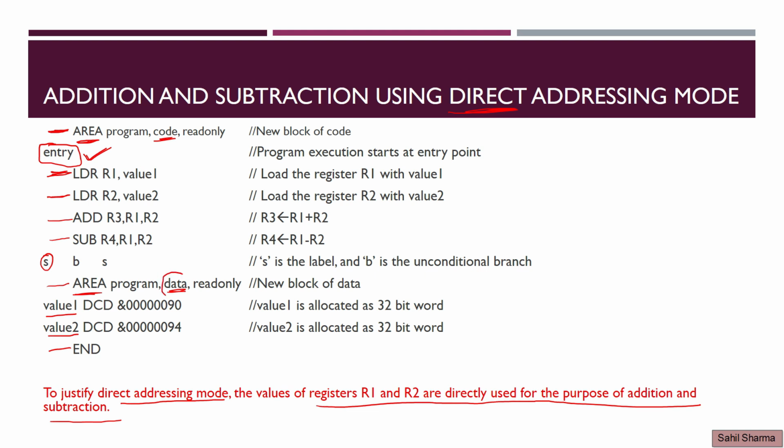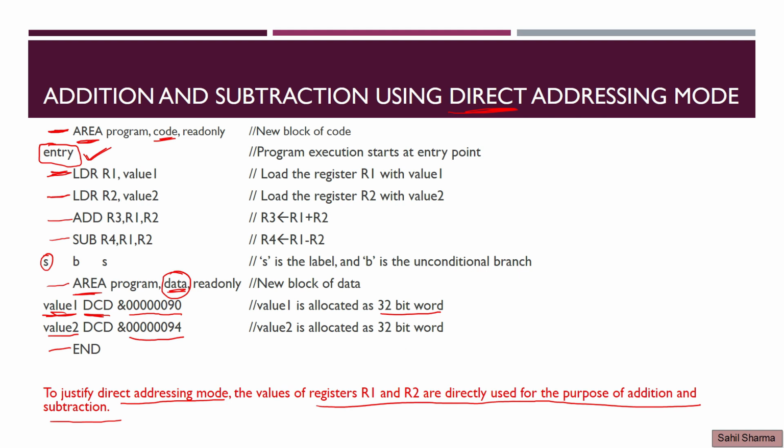In the data section, there are two values. Value 1 is a DCD value. So DCD allocates us 32 bits of word. So this is a 32-bit value which has been given to value 1, and this is a 32-bit value which has been given to value 2.